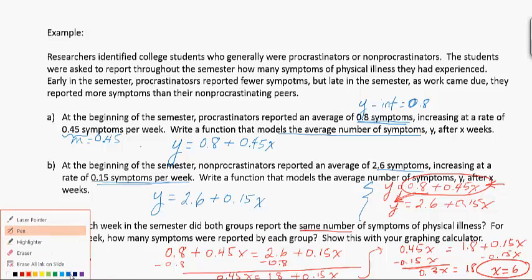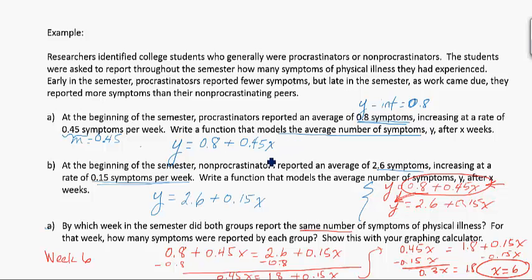Well, I'm running out of room here, but what you can do is go back to your original equation, and our procrastinators at week 6, we can calculate that, and our non-procrastinators. So my procrastinators would be 0.8 plus 0.45 times 6, and that gives me y is 3.5 symptoms reported in week 6.